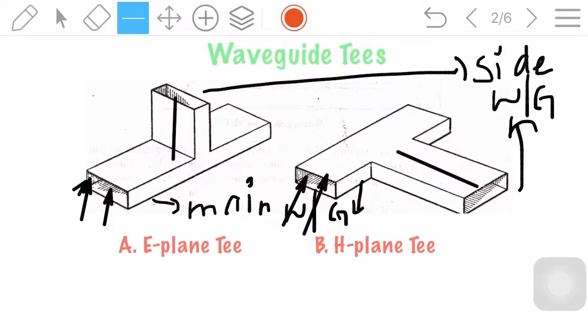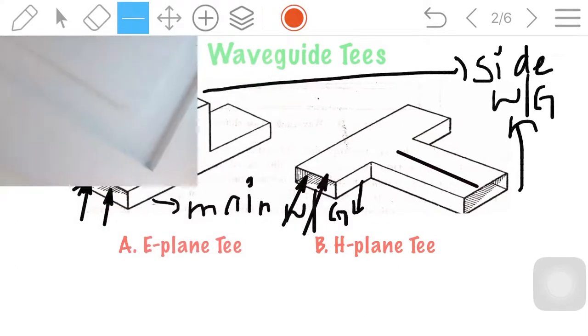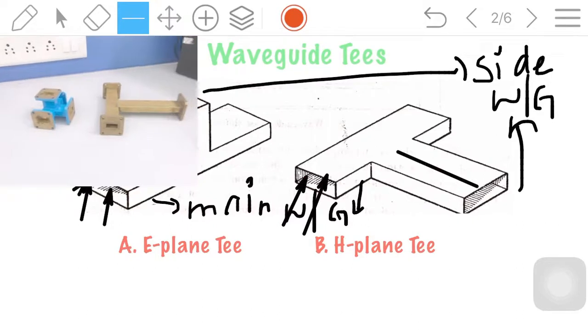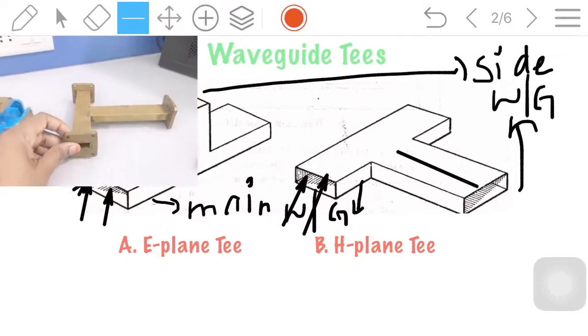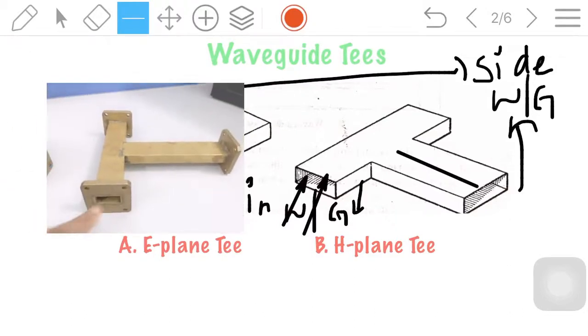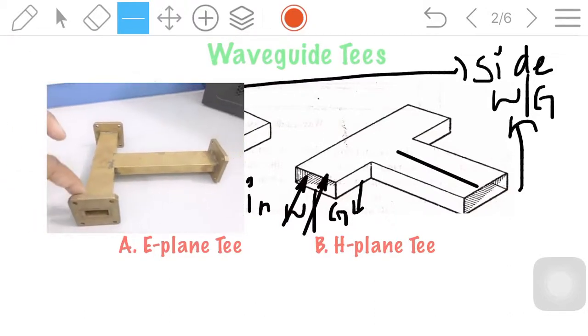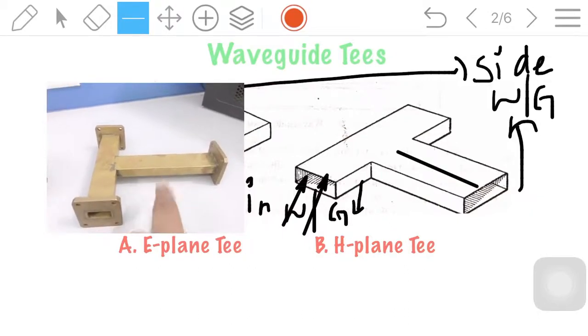Now let me show how these figures will look. These are the two components. This is called an H-plane T. This is the main waveguide, a continuous one, and this one is the branch waveguide.